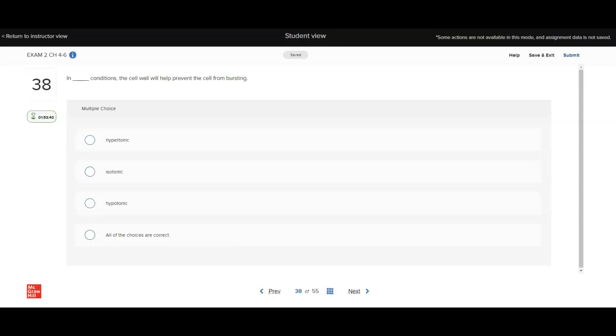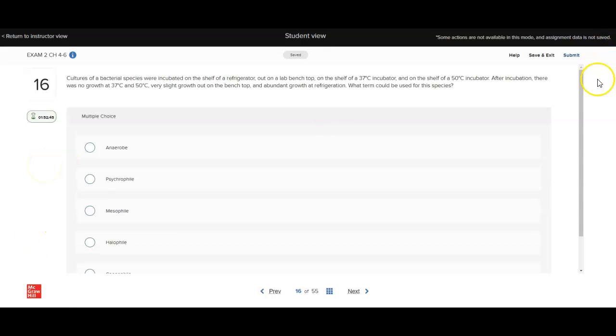This question straight up tackles your understanding of this. And I also show this one because the word conditions is obviously referring to the environment around the cell, not in it. So in this case, what environmental conditions would cause this cell wall to prevent the cell from bursting? So there's another one for you.